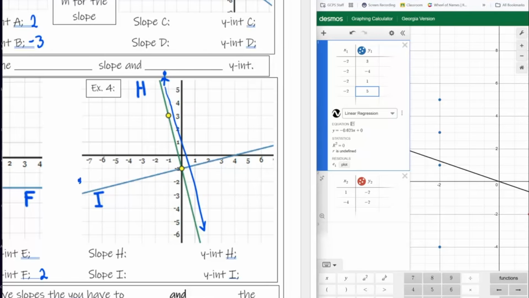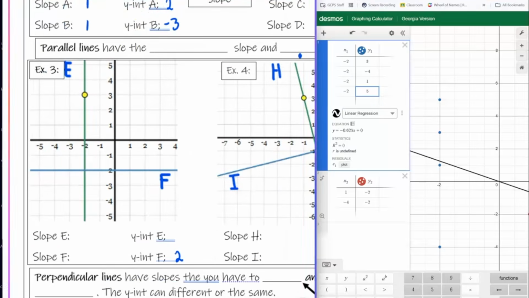Whereas if you're here, you're also not going to fall down the cliff. You're sloping up, which is why this one is called a negative slope and this one is called a positive slope. But for the two examples that I just did, right here, this is a 0 slope and this is an undefined slope.